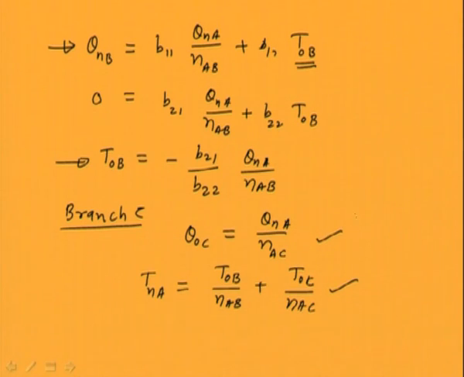These equations, if you see carefully, can be written as theta NA, which we already obtained earlier, equal to A11 by NAC, and then the second equation we can write in this particular form, in which we want to know the torque at station 0 in branch C equal to, just transferring other terms to the other side, so that we get the expression in terms of known quantities.